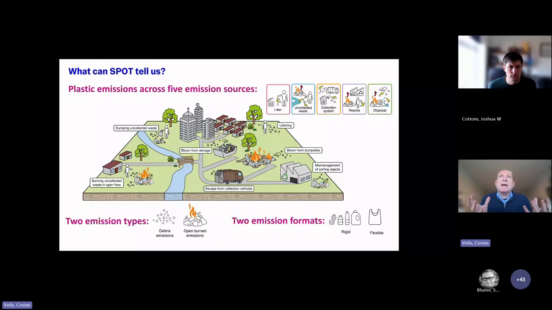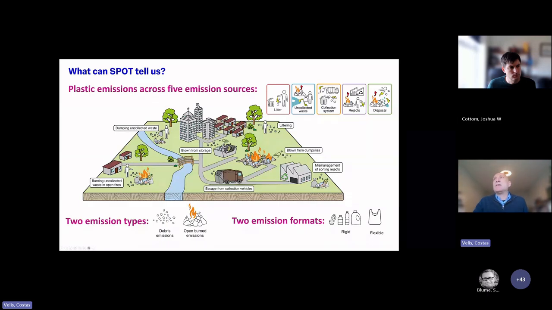So what this model tells us is loads and loads of things, but on a higher level, it tells us the types of sources of plastic pollution emitted in the environment. Littering, like in touristic and city centers in affluent places, uncollected waste, what happens in the collection system, because still some will escape, what rejects you have during the processing, for example, when you're sorting.